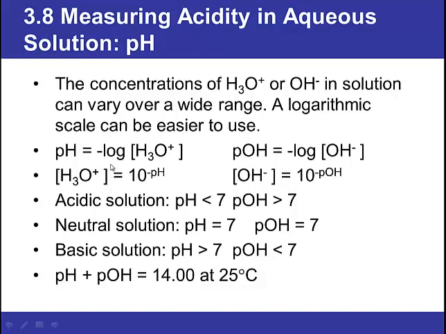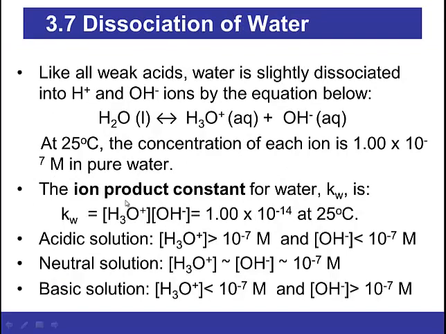So we can go backwards from this equation. So if we have the concentration of hydronium ions, we can calculate the pH. Or if we have the pH, we can go backwards and we can calculate the concentration of hydronium ions that we have present. Same thing, if we then know how many hydronium ions we have present, we can use the equation from the last slide, this equation here, to calculate the concentration of the hydroxide ions that would be present as well.